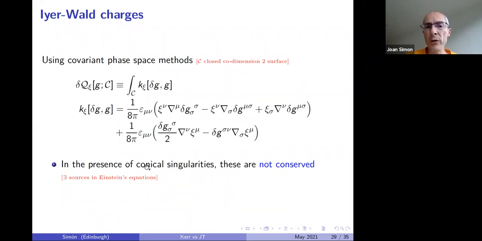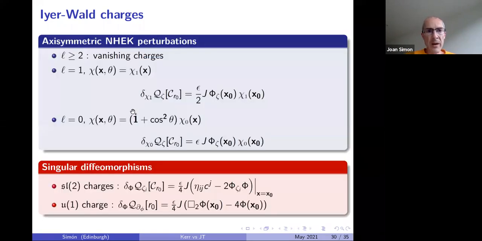Now remember that our perturbations before applying our trick were singular. So when we computed the charges with only the singular perturbation, what we obtain is that these charges, these delta Qs, were not conserved. In particular, I can show you what we obtain.